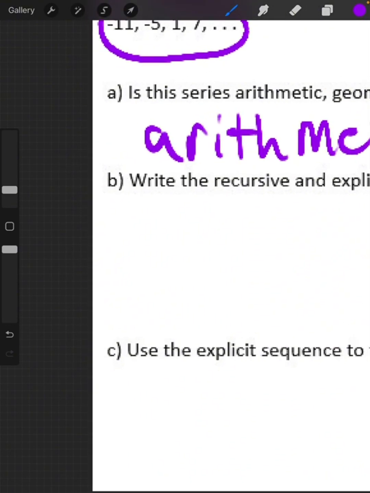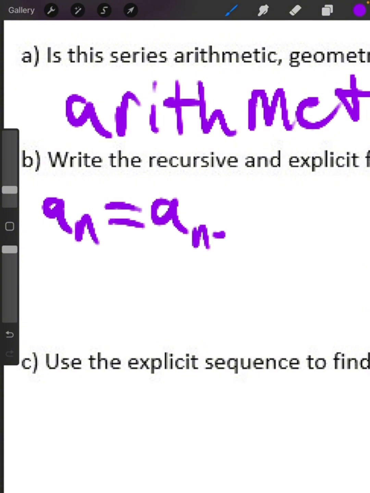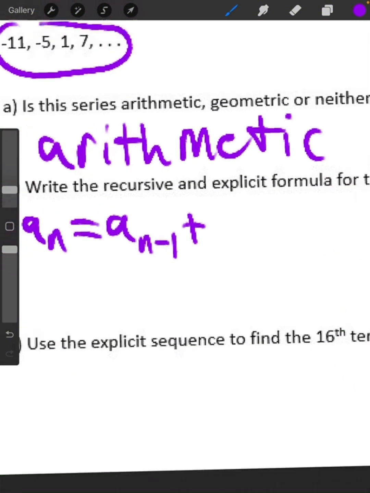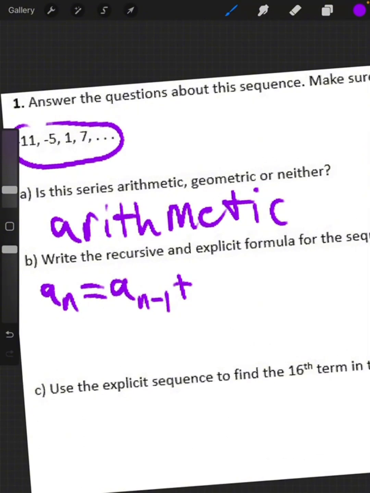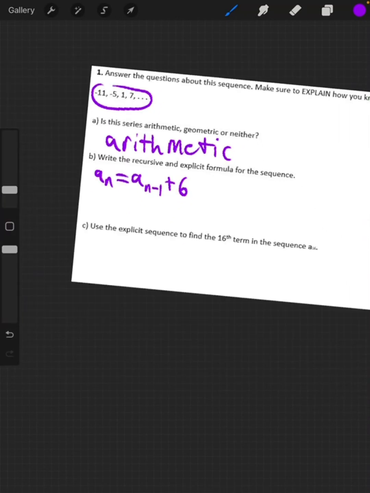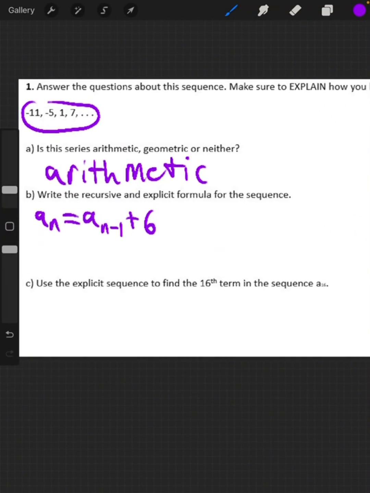So a_n equals a_(n-1) plus, and the common difference is +6. So it would be 6. Hooray! Now let's do the explicit formula, if I can remember what that is.